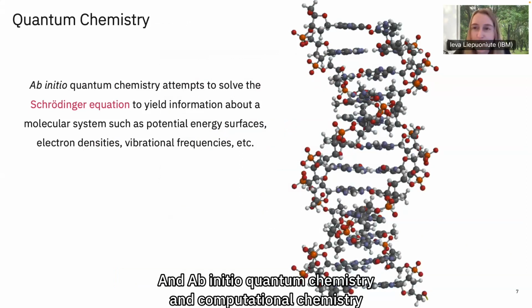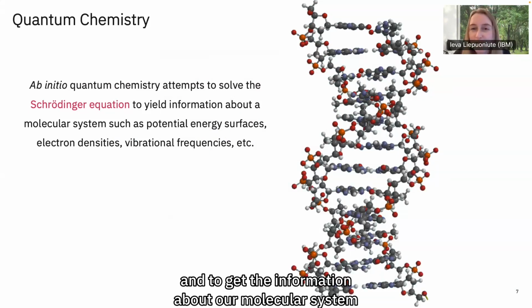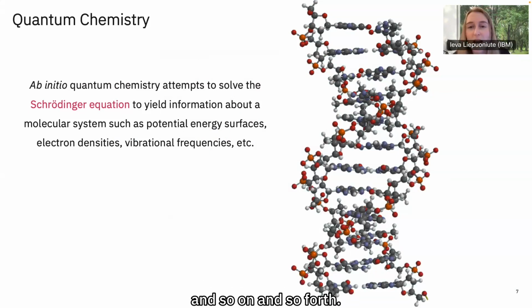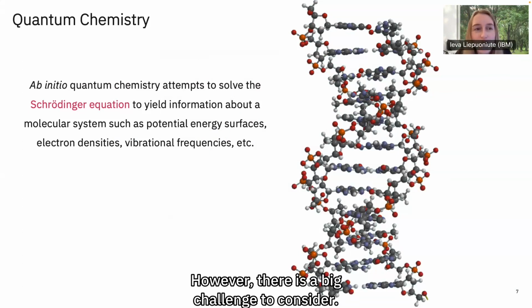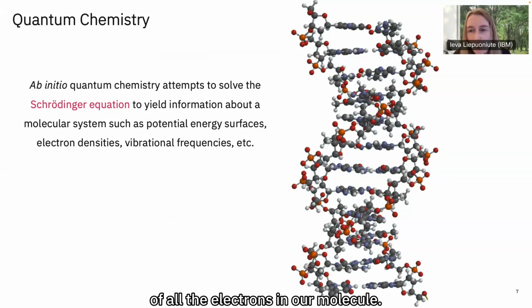In ab initio quantum chemistry, in computational chemistry, we're putting a lot of effort to solve the Schrödinger equation and to get the information about our molecular system and its associated potential energy surface, electron densities, vibrational frequencies, and so on and so forth. However, there is a big challenge to consider, and the challenge is that the wave function of interest depends on the coordinates of all the electrons in our molecule.